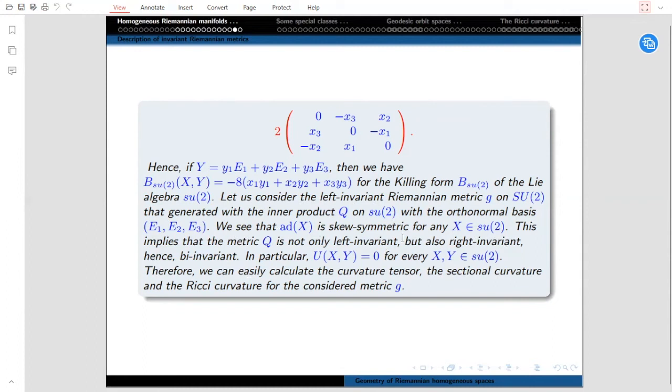Skew-symmetric means more isometries, not only invariance from the left, but also from the right. Hence, we have a bi-invariant inner product. In particular, the operator U is identically 0. Therefore, we can easily calculate the curvature tensor, sectional curvature, Ricci curvature, and so on for this particular inner product.